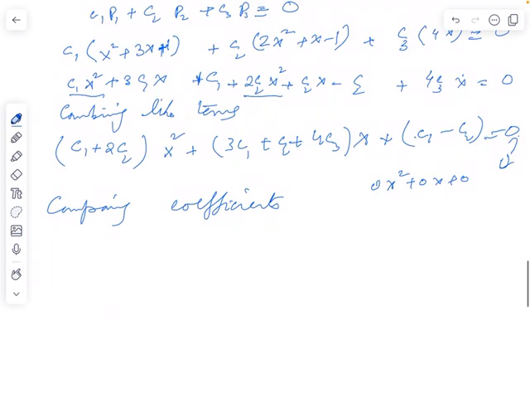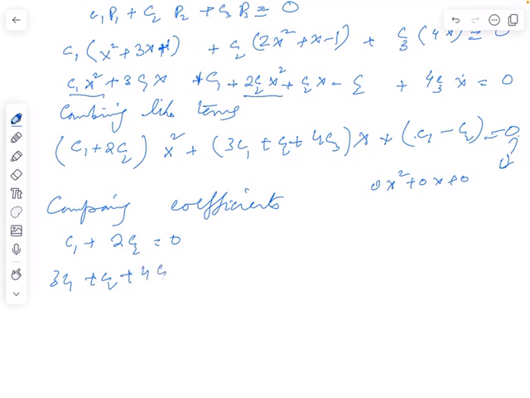So when we compare coefficients, what happens? We get our equations. C1 plus 2C2 is equal to 0 because the x squared coefficient on the right is 0. Then 3C1 plus C2 plus 4C3 is equal to 0.